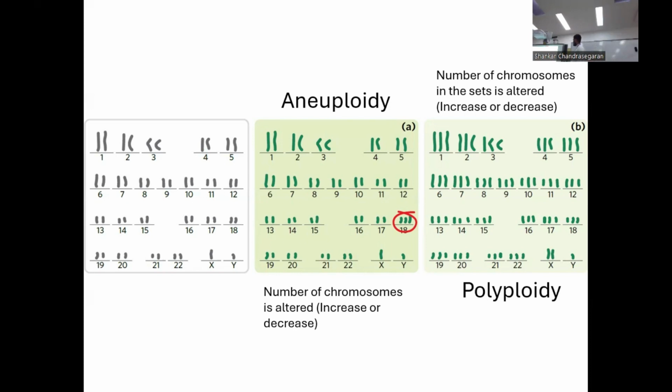I don't really have an example of polyploidy because, like I said, if this happens in a human, the survivability is reduced significantly because there are just too many problems that emerge from it. For aneuploidy, the survivability is impacted, but there is a chance that they can still have a life beyond that.